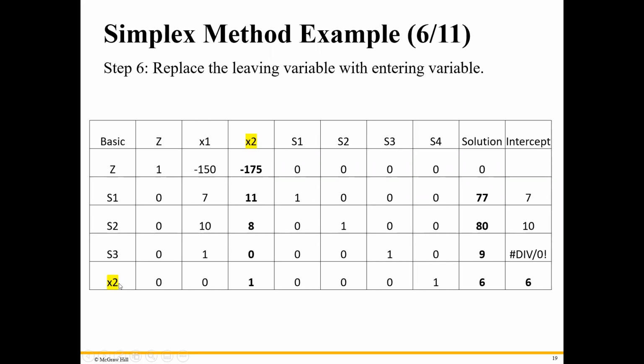With this in mind, this was the entering variable column, and this was the leaving variable row. Their intersection is at this value. So this coefficient of 1 now becomes the pivot coefficient.